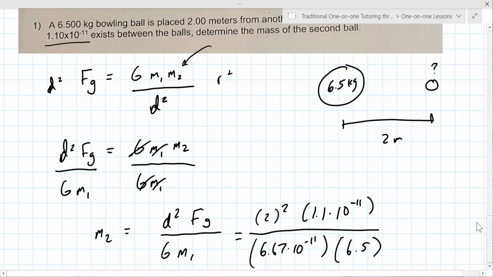So the only thing from here is just getting it into the calculator correctly. We actually have no real reason to know how big or small this actually is. Okay, divided by 6.